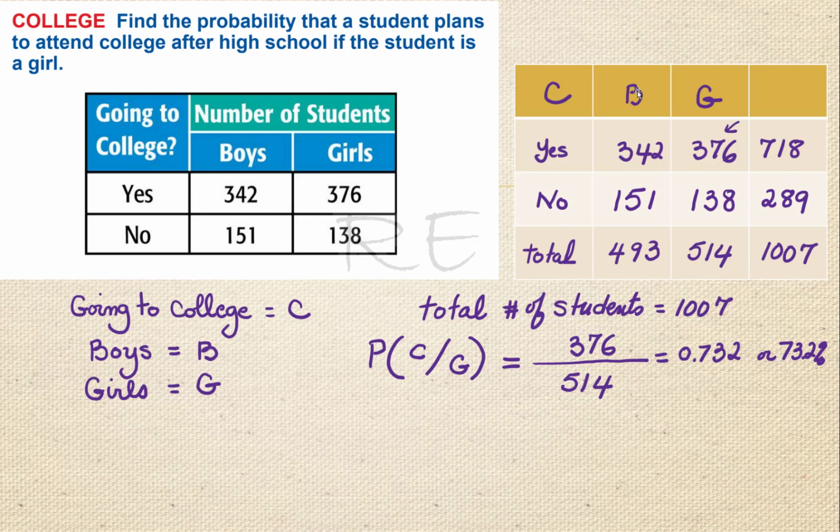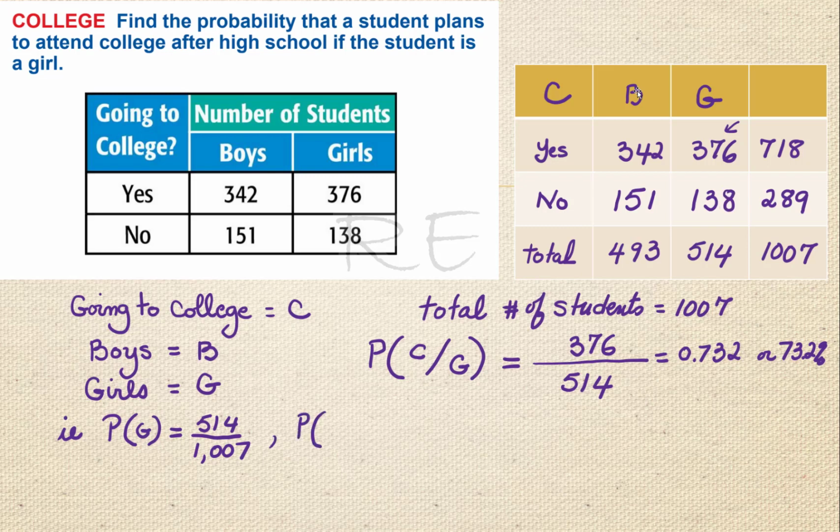Now let's explain what happened here. We are dealing with two probabilities. First, the probability that the student attending is a girl, which is the total number of girls, 514 over 1,007.